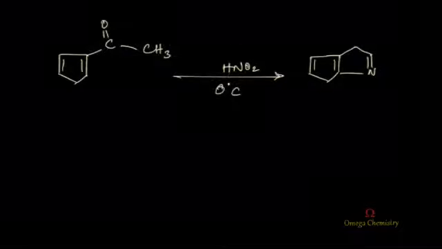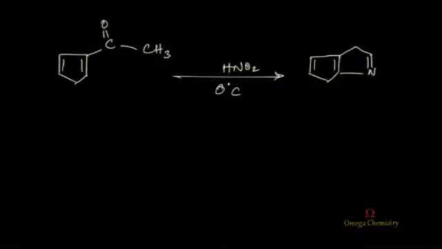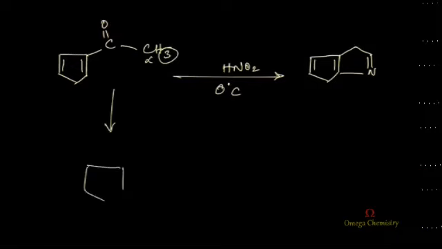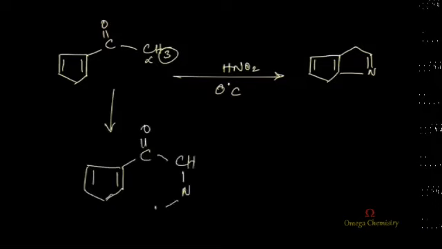Sometimes different, unexpected products can also be obtained due to condensation. So the first step is as expected only. Oxygen from nitrous acid will join with 2 hydrogens from this alpha position, so we will get this intermediate. So C double bond O, CH, NOH. Now what happens?